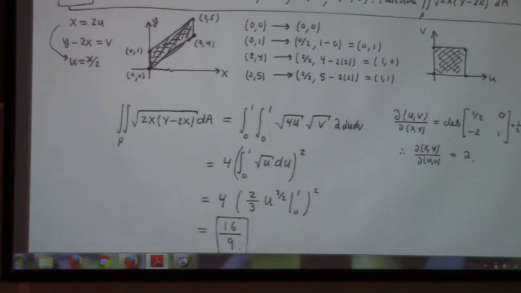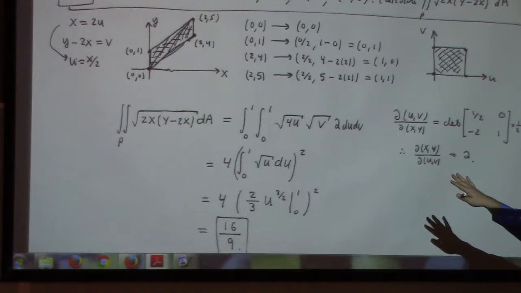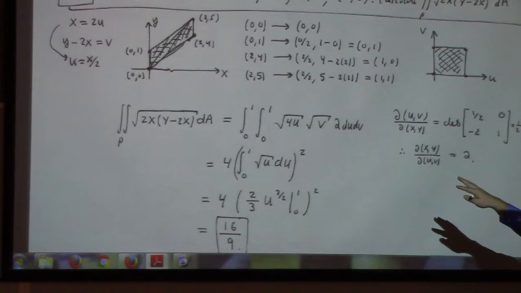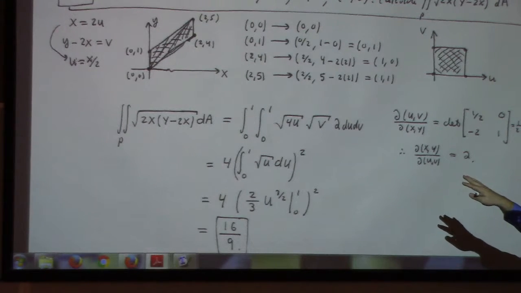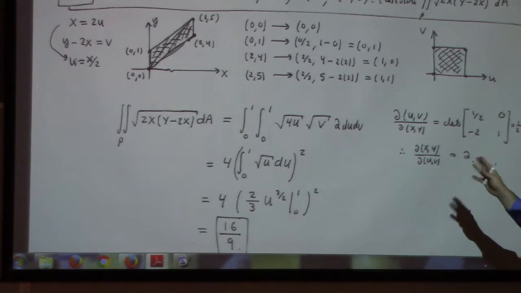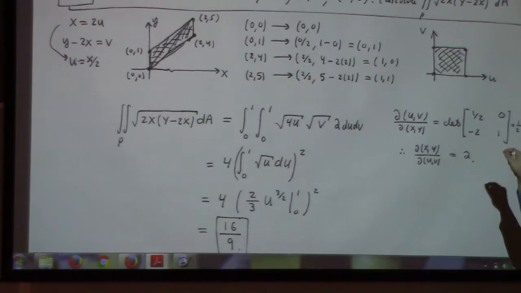But as I told you, a nice result that I give you for free is that if you're transforming really any kind of closed polygon under a linear transformation, if you just transform the vertices and connect the dots of the transformed region, you'll get the new region.